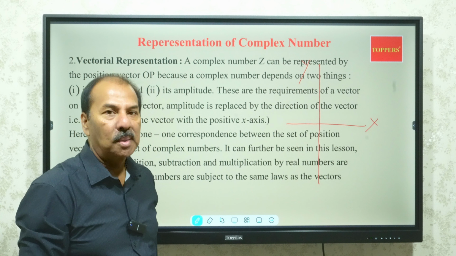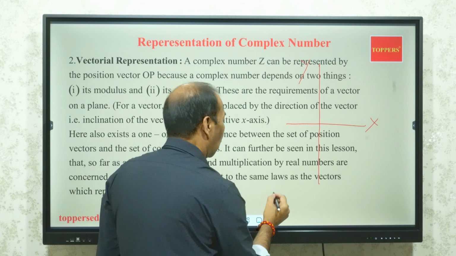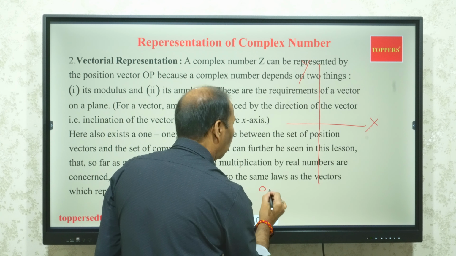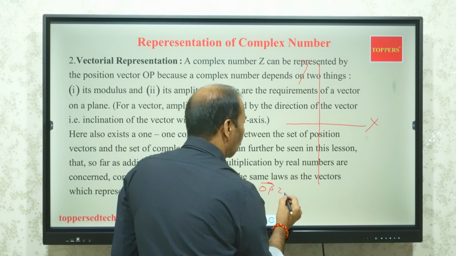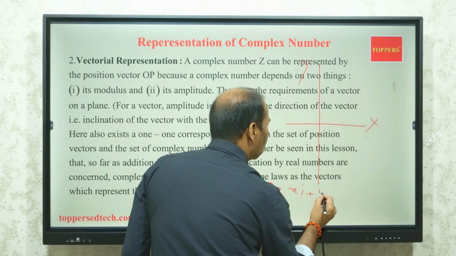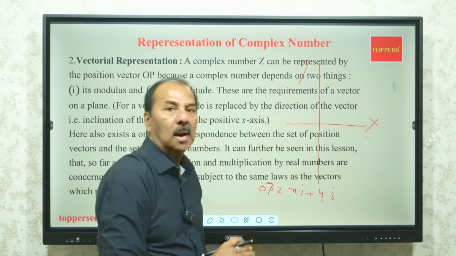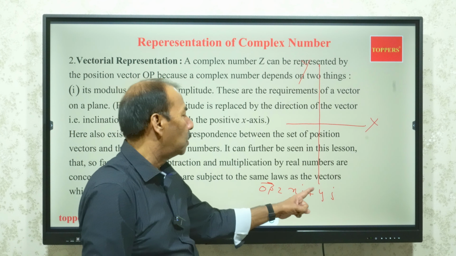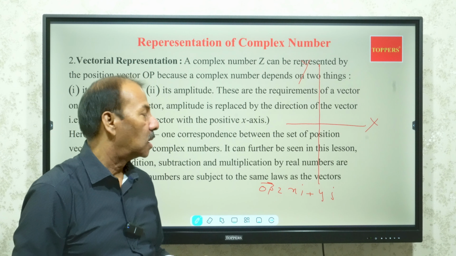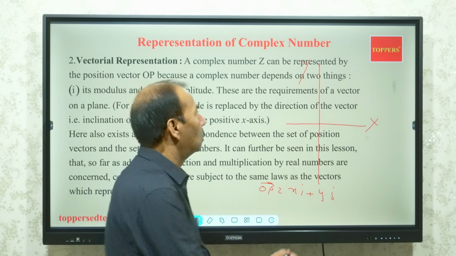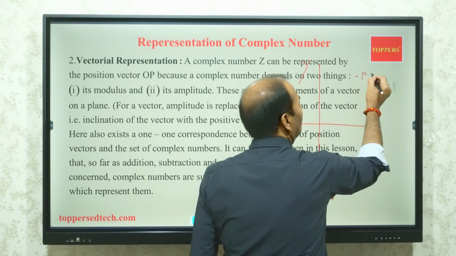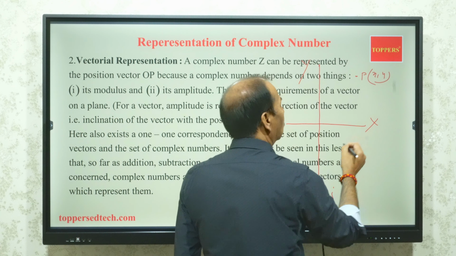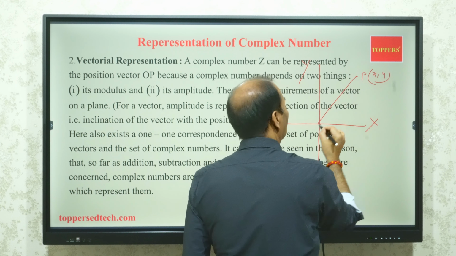How do we represent the vector? If suppose you have this vector, let us say position vector OP, so we write xi plus yj. If we consider three-dimensional, then it will be xi plus yj plus zk. That means x and y is the coordinate of the point P. Suppose you have this point P, its coordinate is (x, y). So this is your OP.